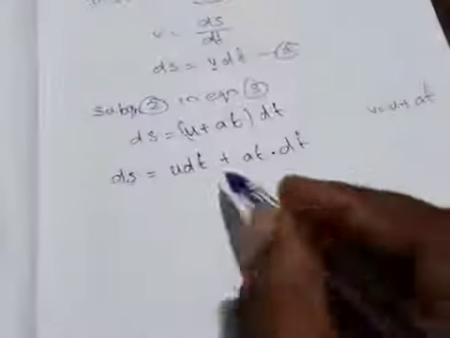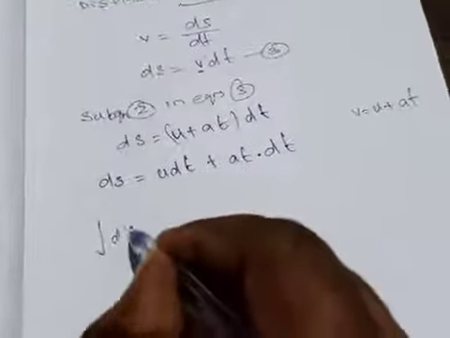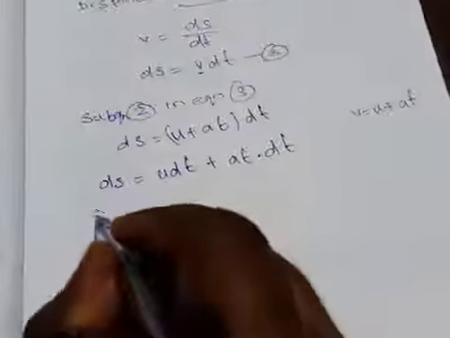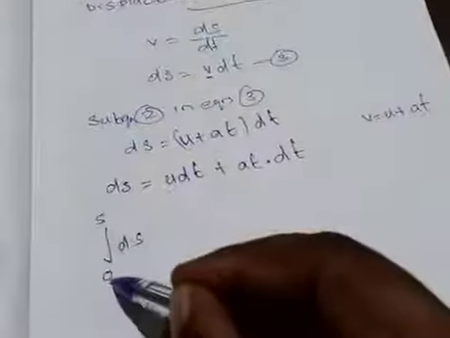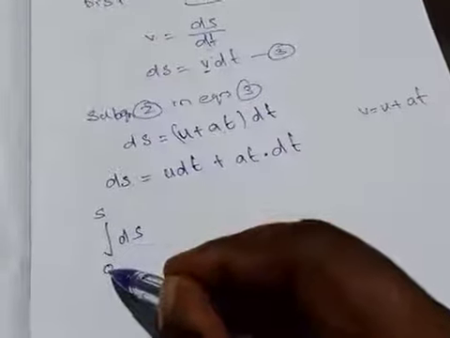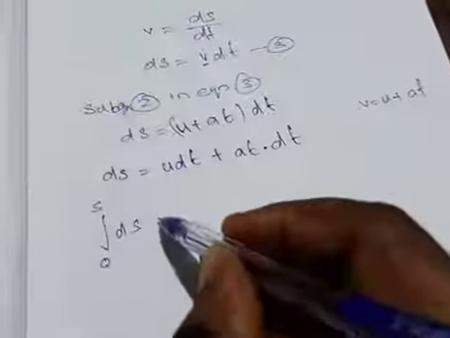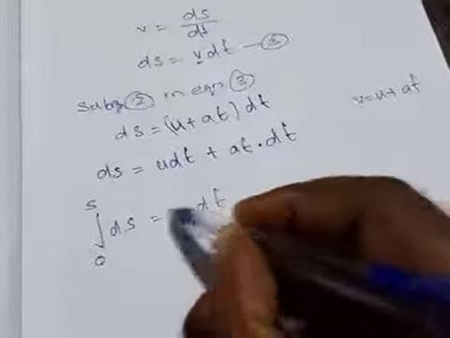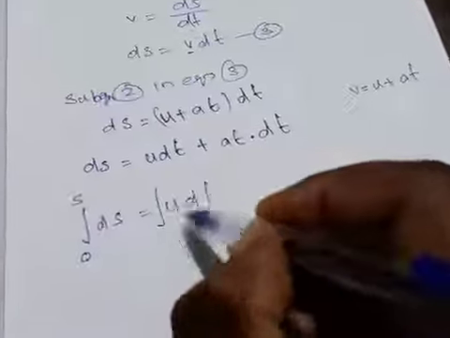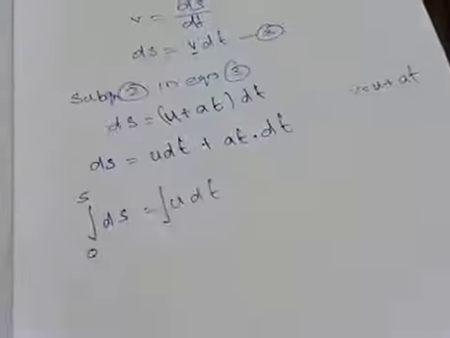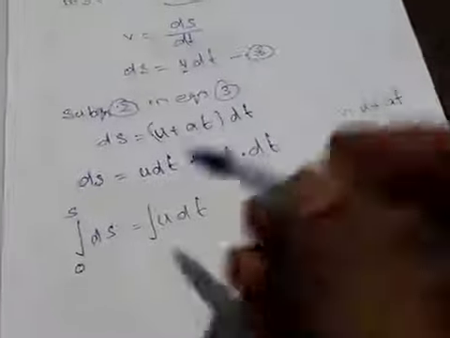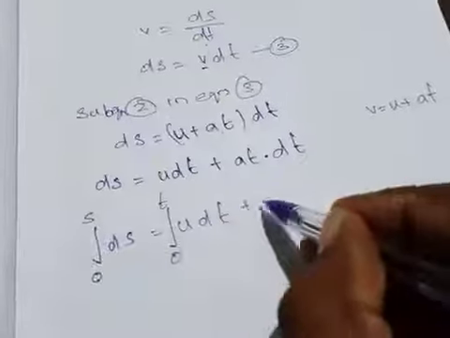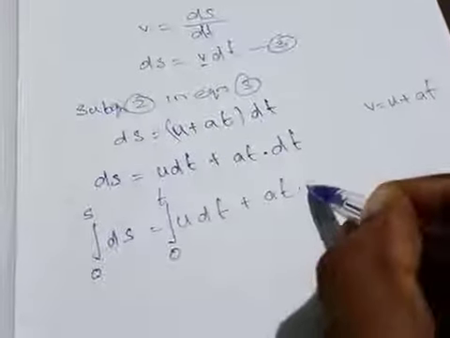Now integrate this. ds means displacement from 0 to any displacement s. This is a limit. Lower limit is 0, and the upper limit is any displacement. Now u dt, here u is constant, no need to integrate, so dt limit is 0 to t, plus at into dt.